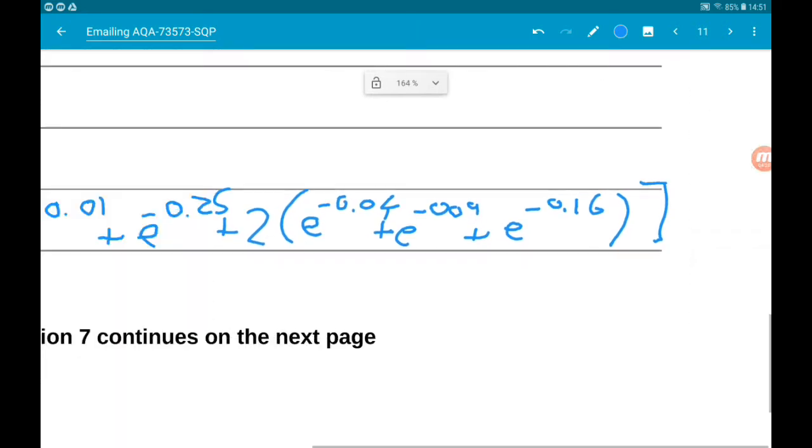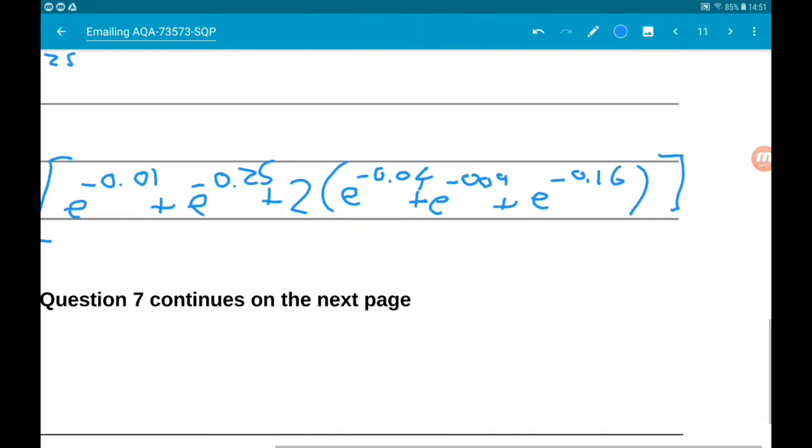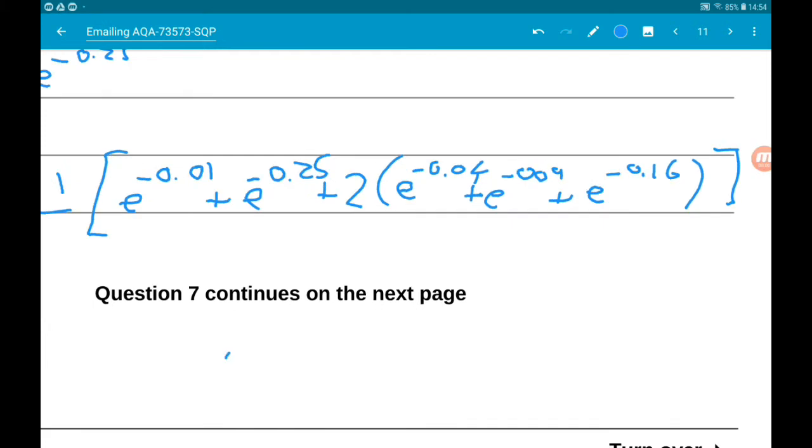Okay, so plonk that all into your calculator and you will get 0.3611. Cool.